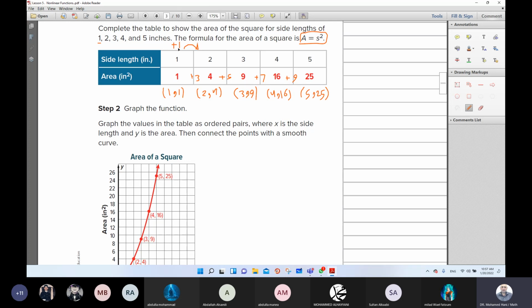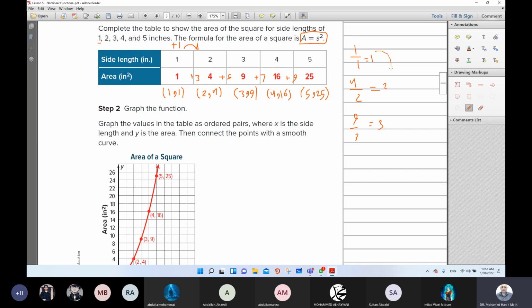So for example here, the rate is 1 over 1. The slope here is 1 over 1. The slope here is 4 over 2. The slope here is 9 over 3. So as you see, the slope here equals 1, the slope here equals 2, the slope here equals 3.